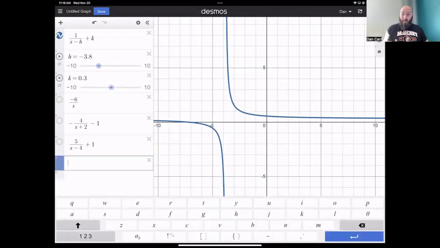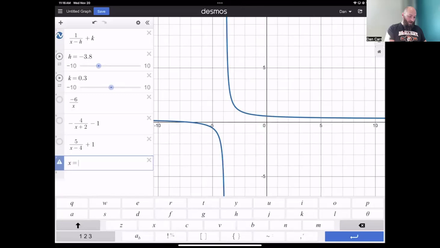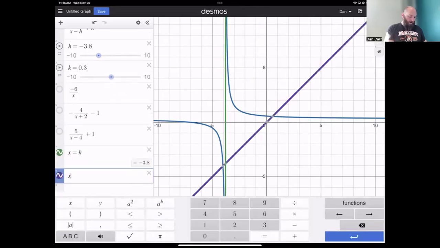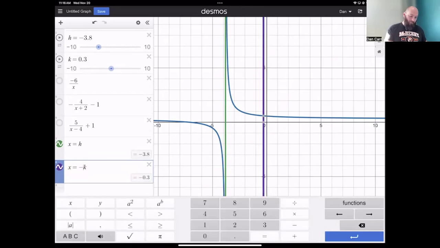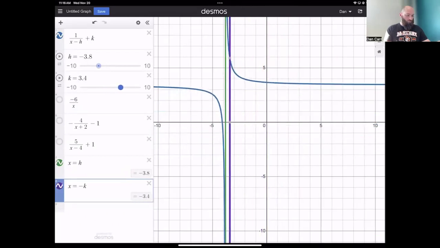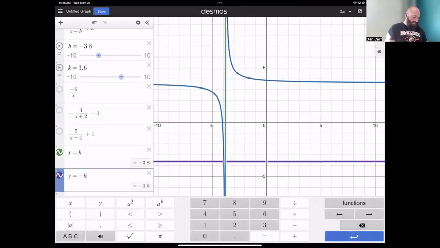When I look at my equation, I could do this, x equals h, and then x equals k. Or sorry, I have to do negative k here. Oh, what am I doing? That's supposed to be y. y is equal to k.